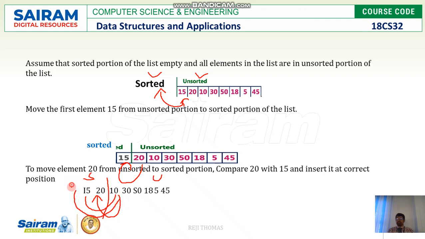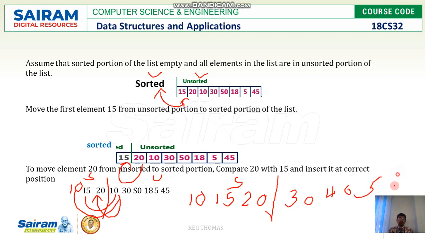This should be placed over here. When I do it, I'll get 10, 15 and 20 in the sorted array, and in the unsorted array we'll have 30, 40, 5 and 45, and you have to continue this.